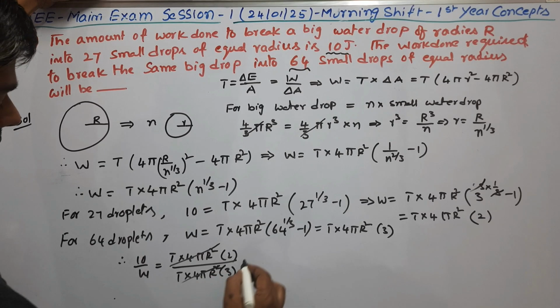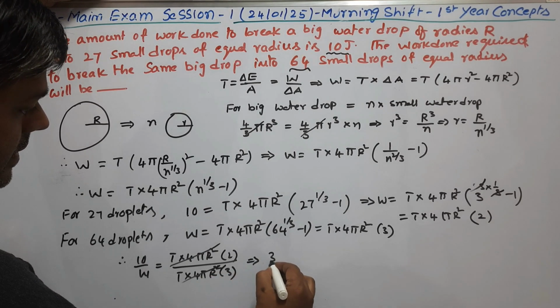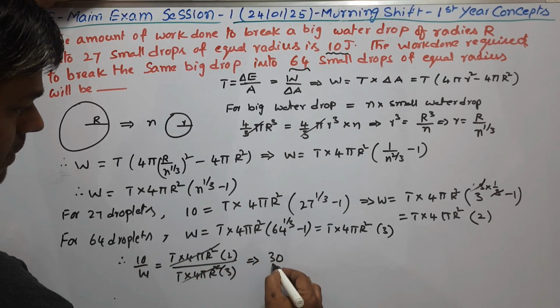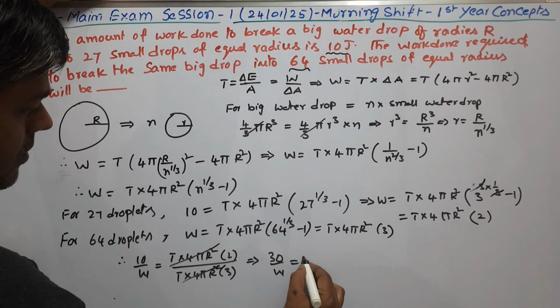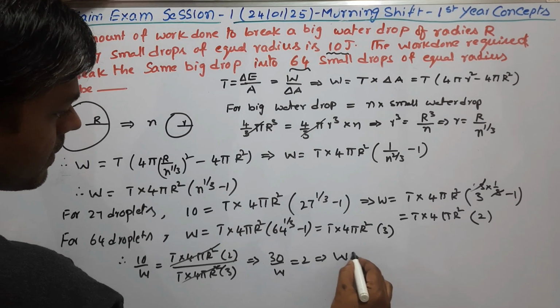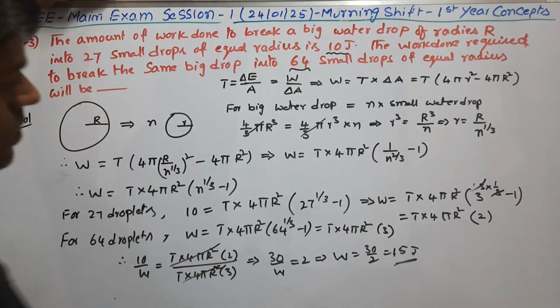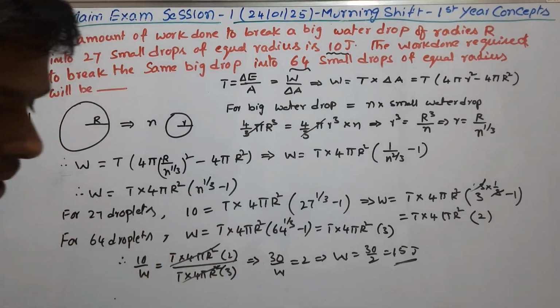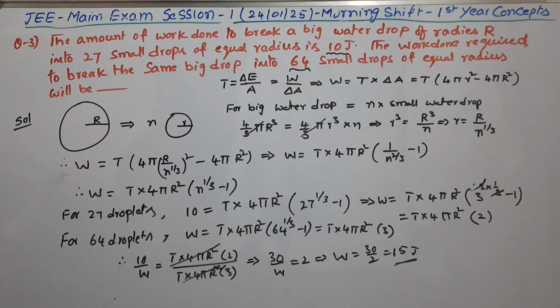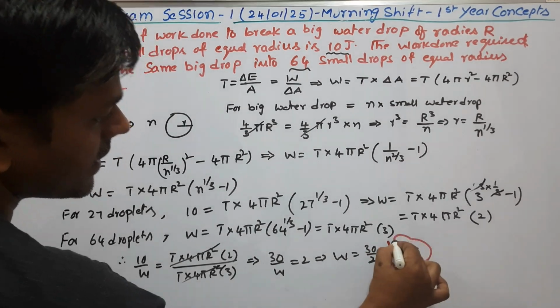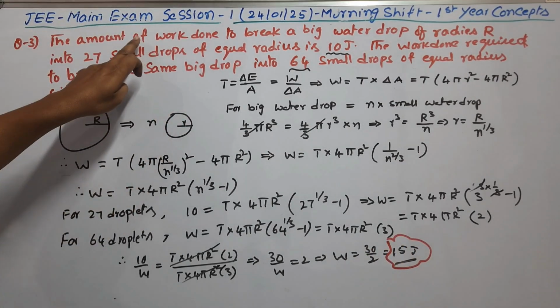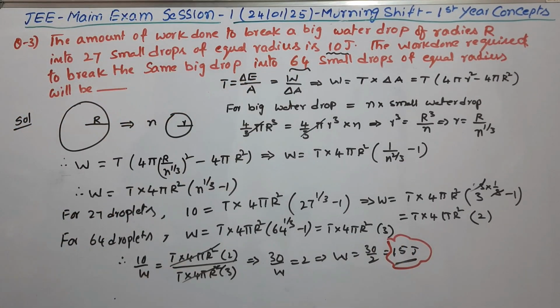The T and 4 pi R square cancel, so 30 by W is equal to 2, that implies W is equal to 30 by 2, which is 15 joules. So this much energy is required to split a big water drop into 64 small water drops of equal radius. Okay, thank you.